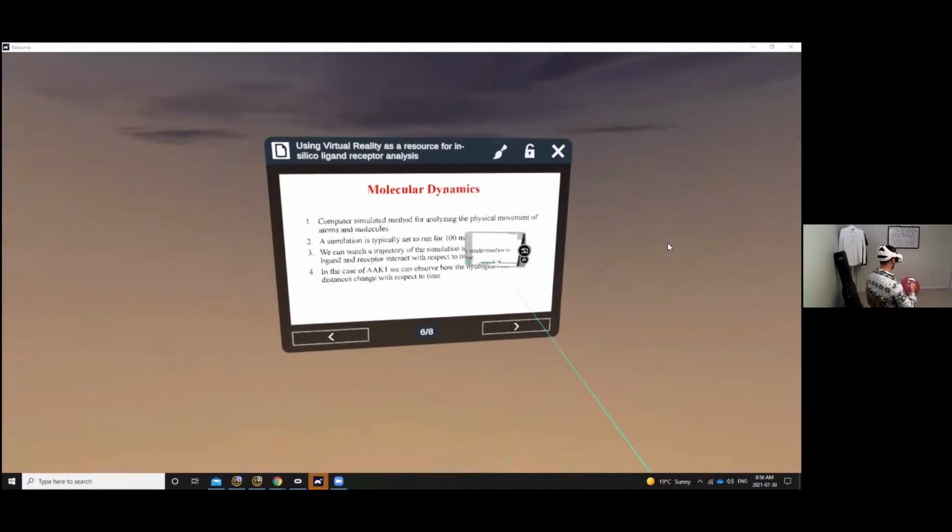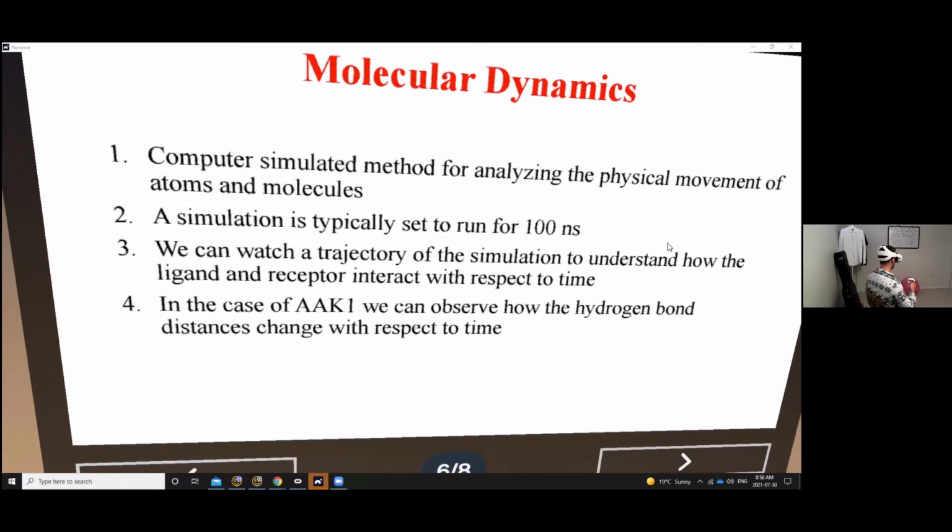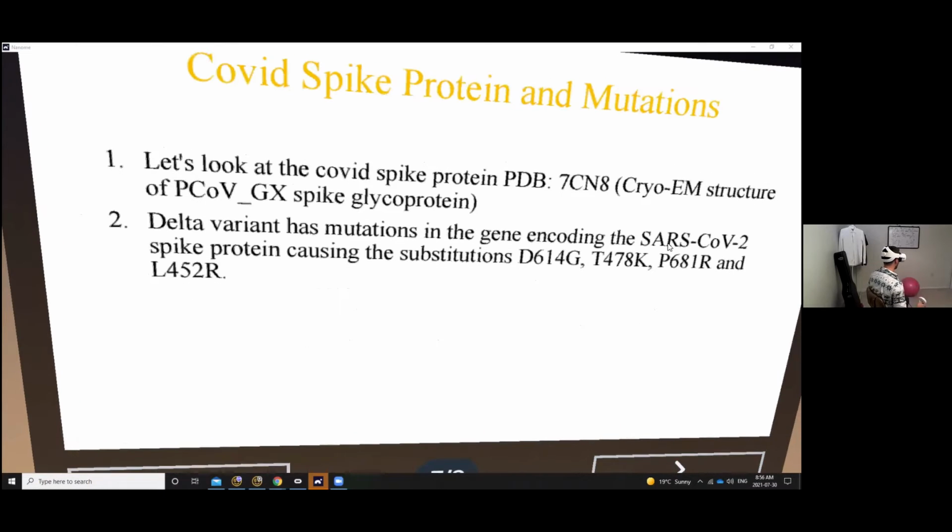And the last thing I want to look at is COVID spike protein and mutations. We're going to take a look at one of the COVID spike proteins, PDB ID 7TN8. This is a cryo-EM structure of the spike glycoprotein.